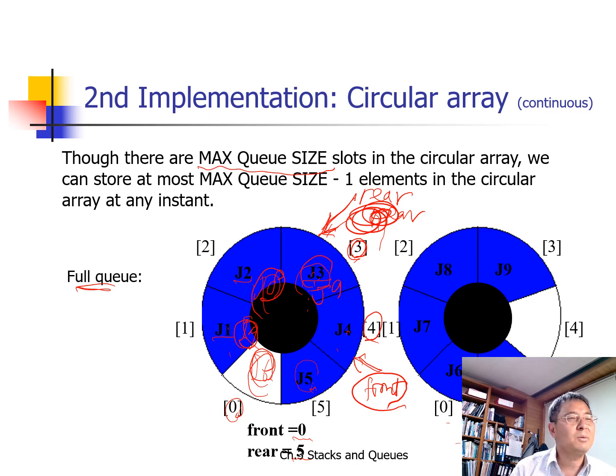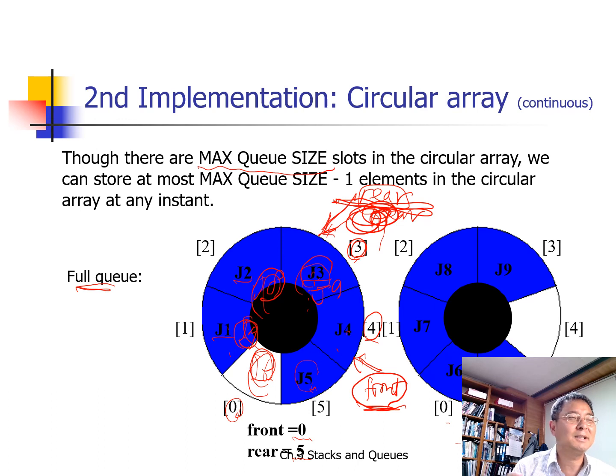Okay, but anyway, if deletes happen more, then rear increases faster than front, and it will make errors in the circular array also. But anyway, this circular array solves the first implementation's problems.